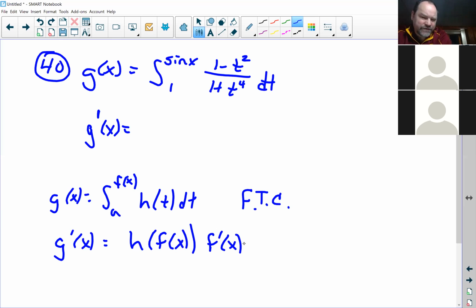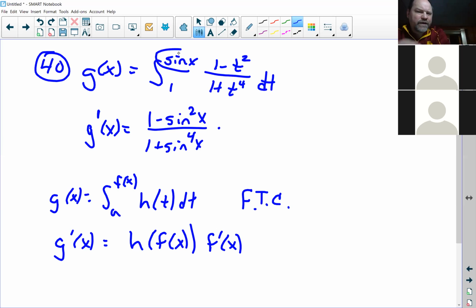So in this case, I plug in sine x everywhere I see a t. And then I multiply by the derivative of sine x.